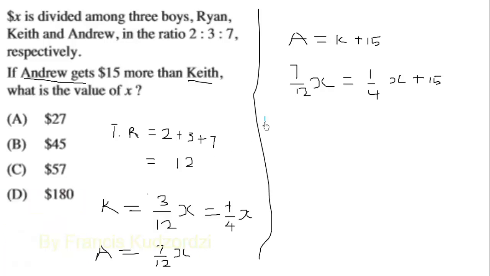So we have 12 times 7 over 12 x is equal to 12 times 1 over 4x, then plus 12 times 15.